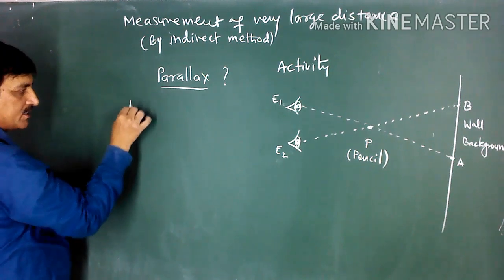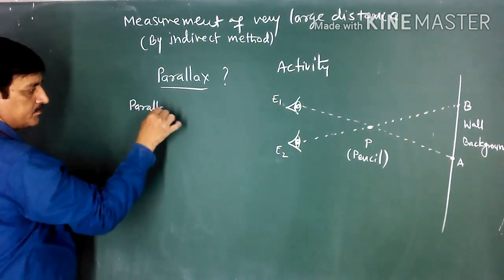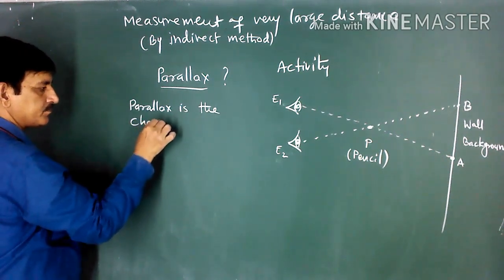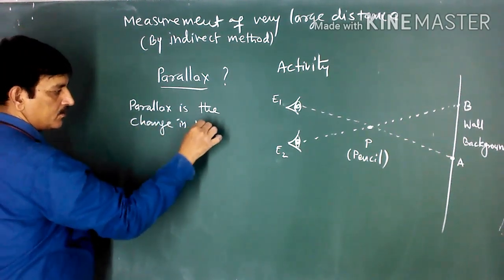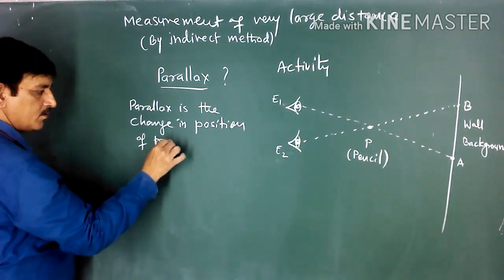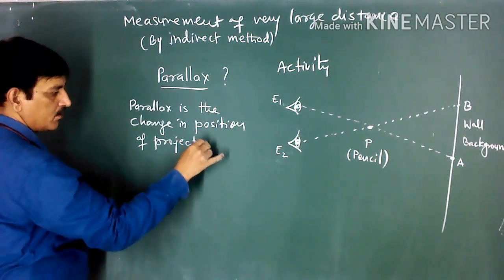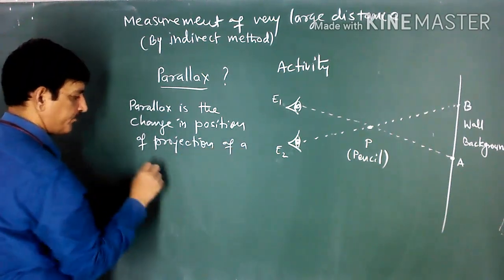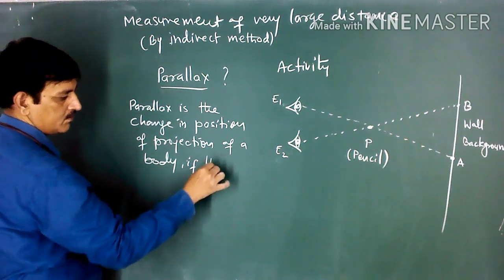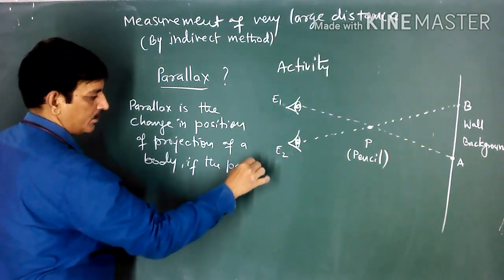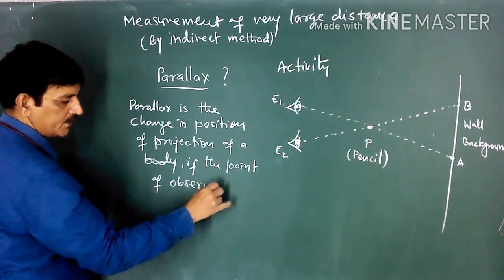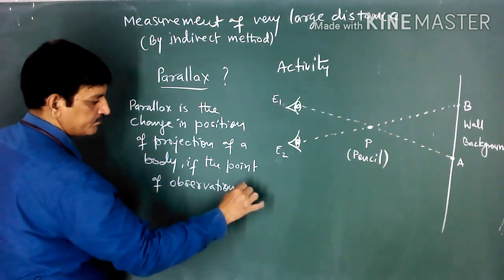So what is parallax? Parallax is the change in position of projection of a body if the point of observation is changed.